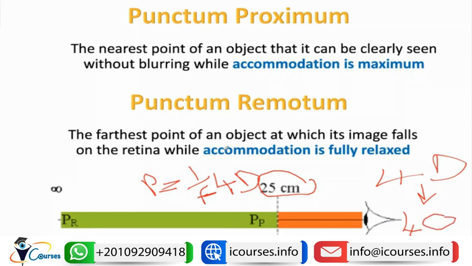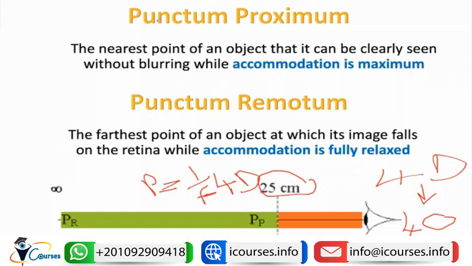So the power of accommodation will gradually decrease from the moment of birth till we reach the age of 40, when it will only reach 4 diopters. From then and later, the patient will complain of near vision problems, because they are no longer able to see clearly objects placed at 25 centimeters.